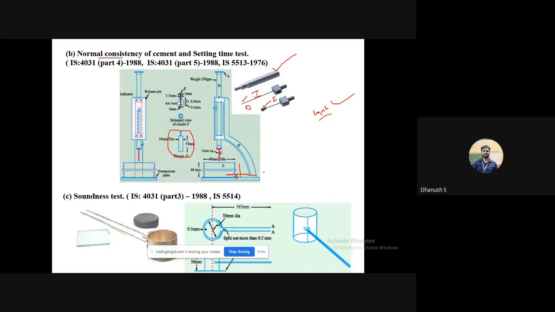Whereas in initial setting time, we are measuring the time at which it allows 5 to 7 mm penetration from the bottom. So there it is percentage moisture, here it is time. And remember, your initial setting time should never be less than 30 minutes, as per IS 4031. Just remember this, not less than 30 minutes.